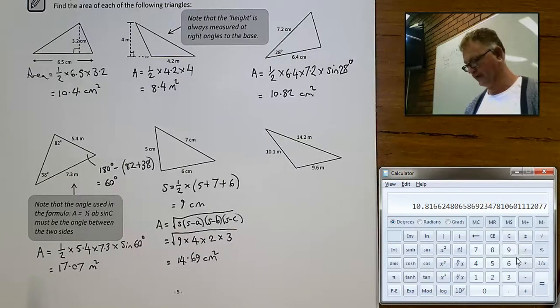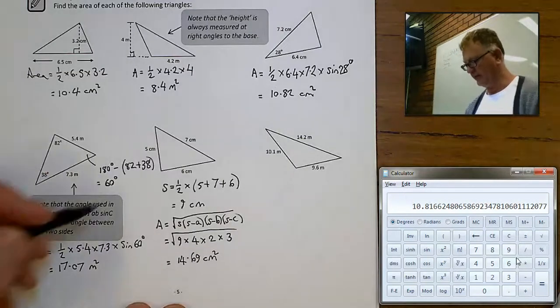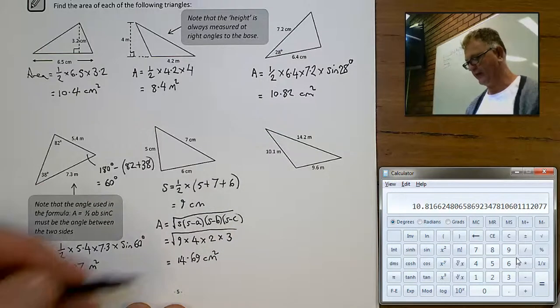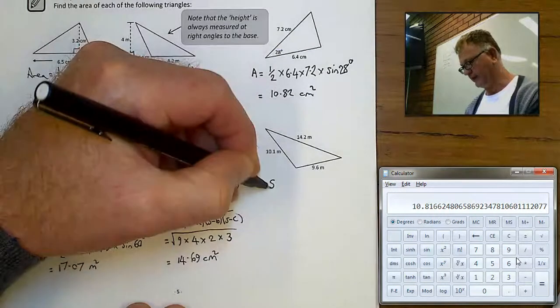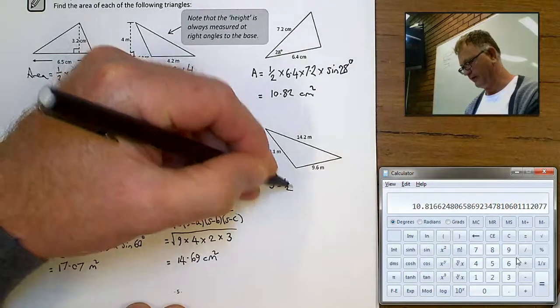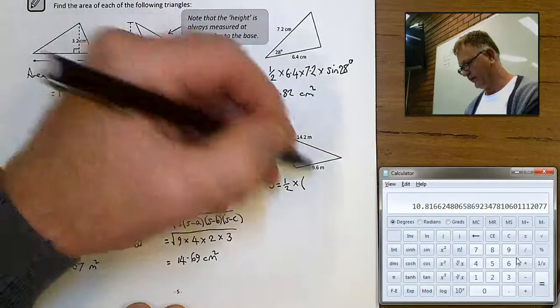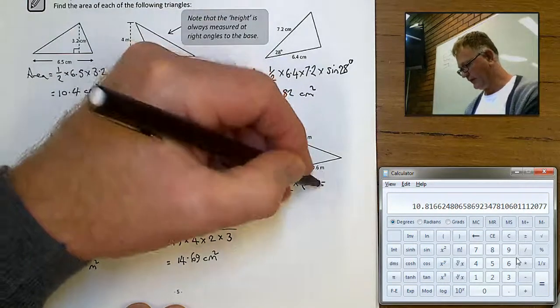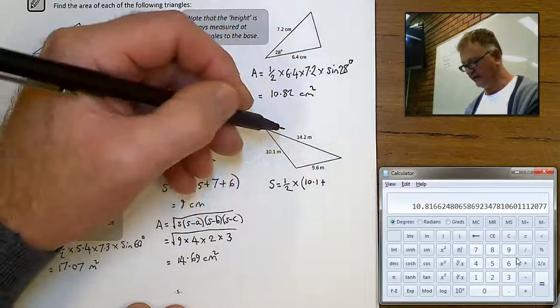Okay, the next question, same thing. Heron's Formula. We know three sides of the triangle. So start by finding out half the perimeter of the triangle. A half of, add those three sides together. Be careful when you do this on your calculator because you've got mixed operations in this question.